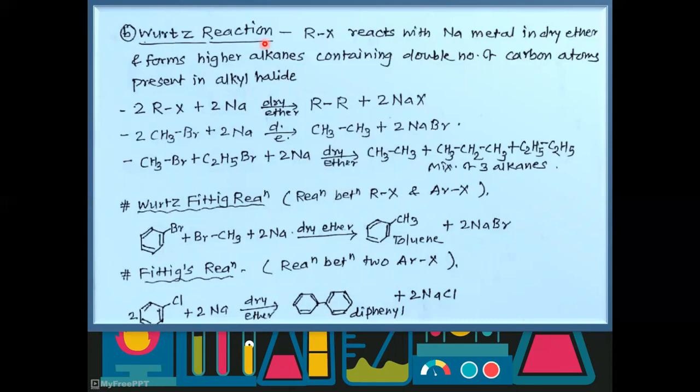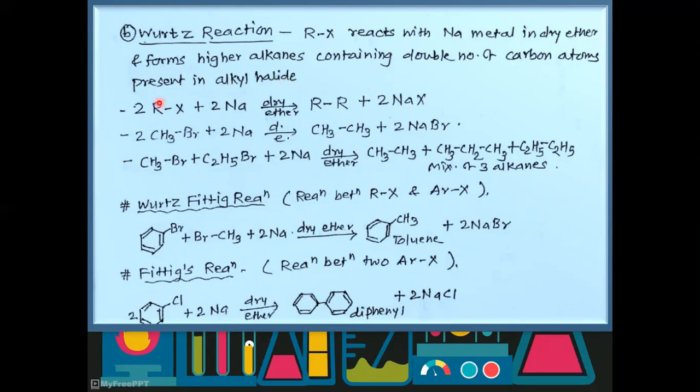Wurtz reaction. An alkyl halide reacts with sodium metal in the presence of dry ether and forms higher alkanes containing double the number of carbon atoms present in the alkyl halide.